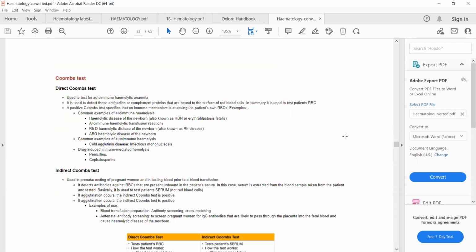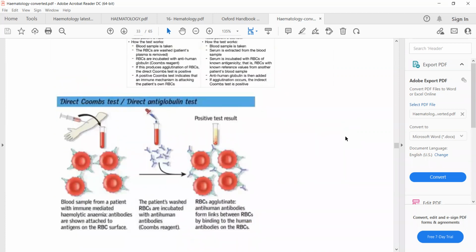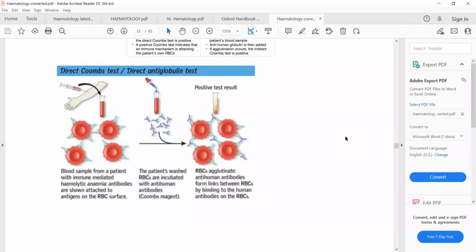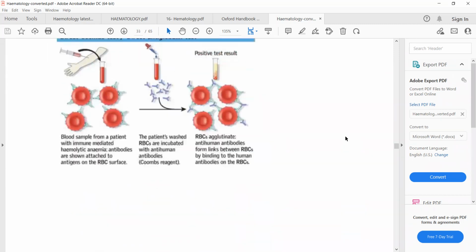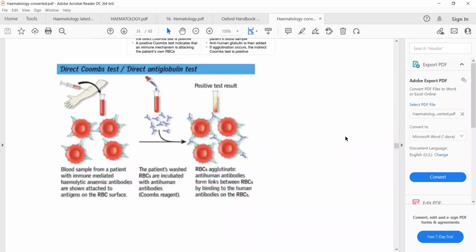Now, some points about the Coombs test. There are two types of Coombs test: one is the direct Coombs test and one is the indirect Coombs test. The difference between these two is that the direct Coombs test detects the antibodies that are attached to the surface of RBCs.